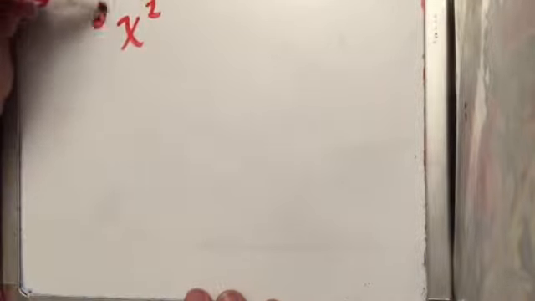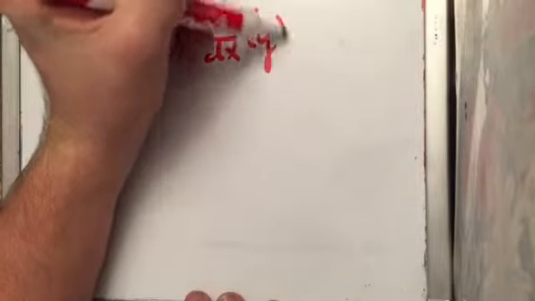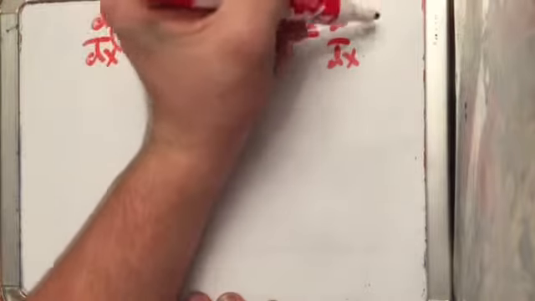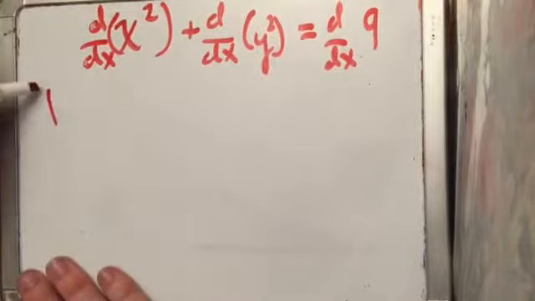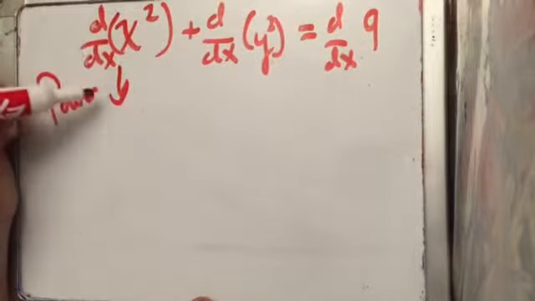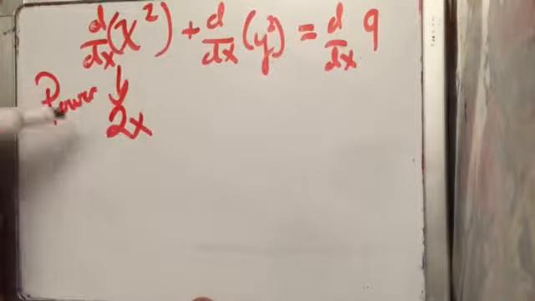So we're going to take the derivative with respect to x of x squared plus the derivative with respect to x of y squared equals the derivative with respect to x of 9. We already know by the power rule, the derivative with respect to x of x squared is just 2x, because we have n times x to the n minus 1.